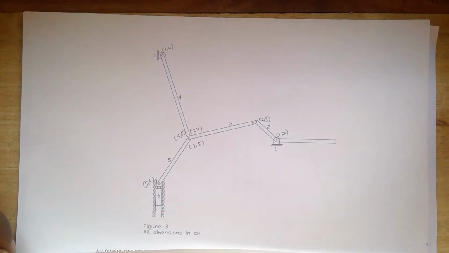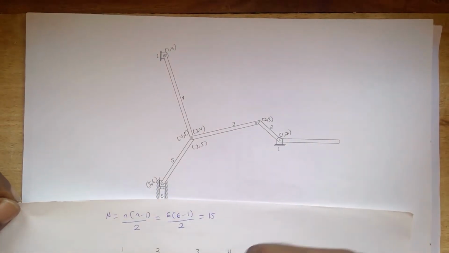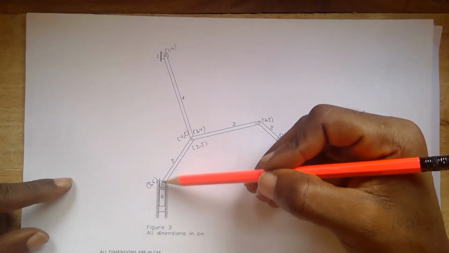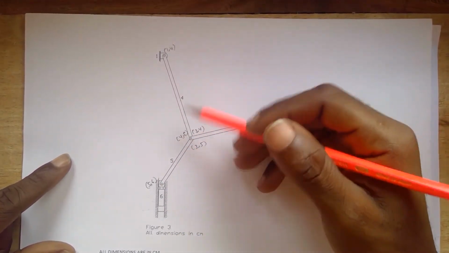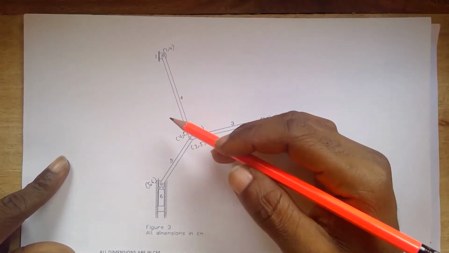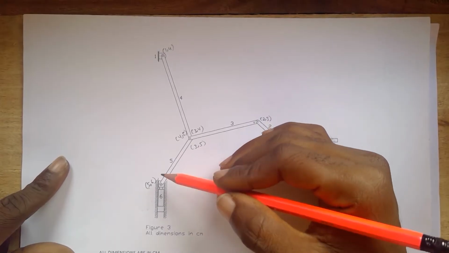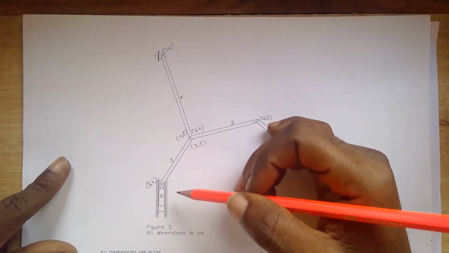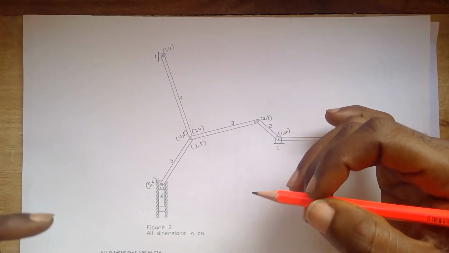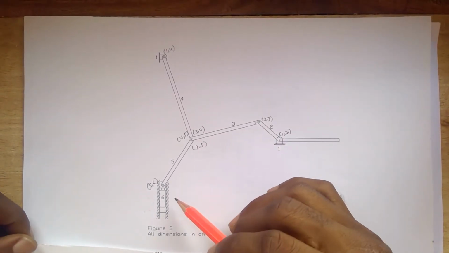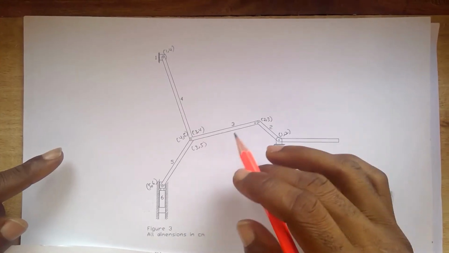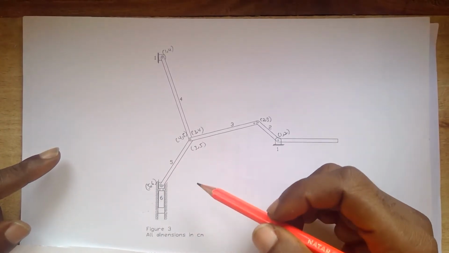The reason why I circled 1,6 is that when you look at this slider here, it is sliding in the vertical direction. So the instance center for this slider will be the instance center 1,6. We've not indicated it yet because of the slider.